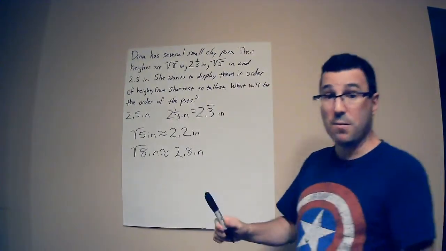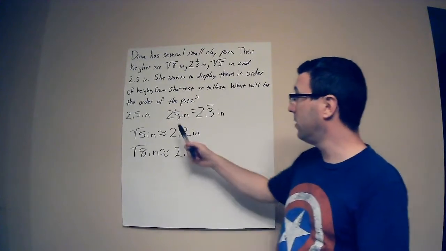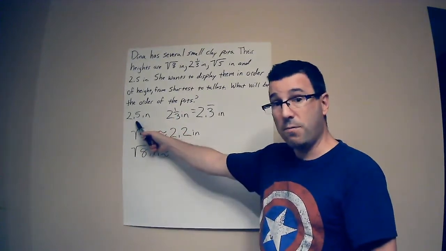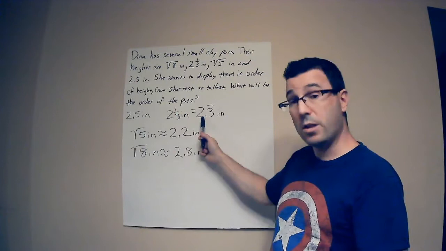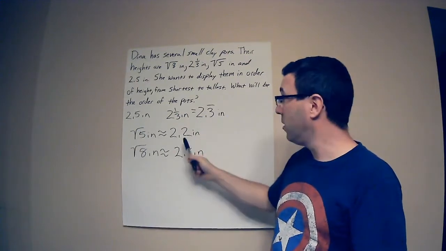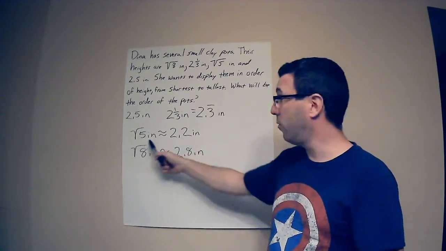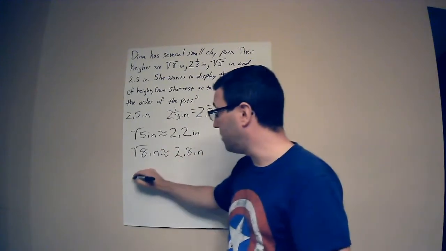So now when we compare from least to greatest, well, we have 2.5. 2.3 repeating is smaller than that, but 2.2, or square root of 5, is the smallest.